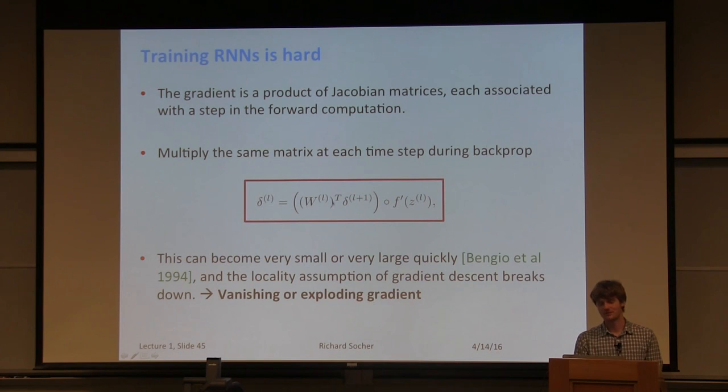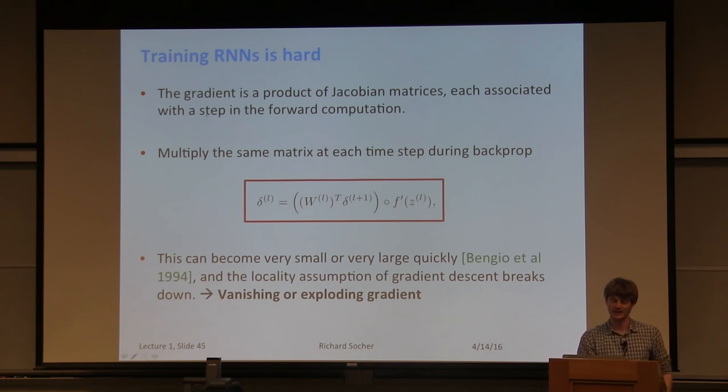And if your W is very large, then you multiply large numbers with the same large numbers at every time step. So your deltas can vanish, becoming smaller and smaller, and in the end you can't make use of having seen Spain 10 words before, because the gradient that arrives at Spain is close to 0.